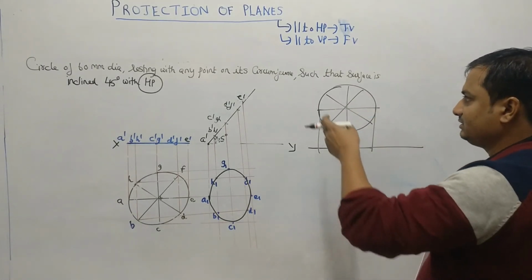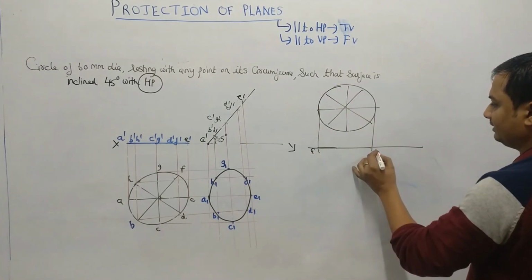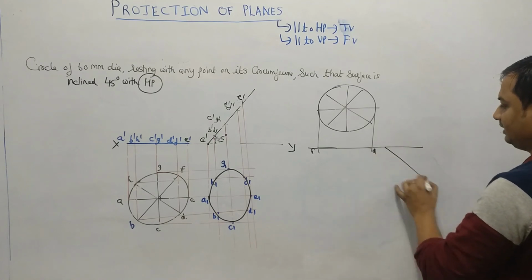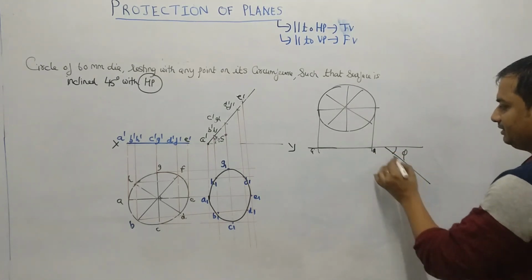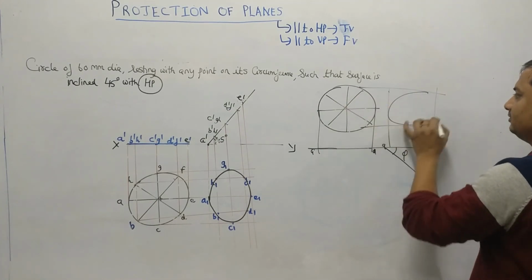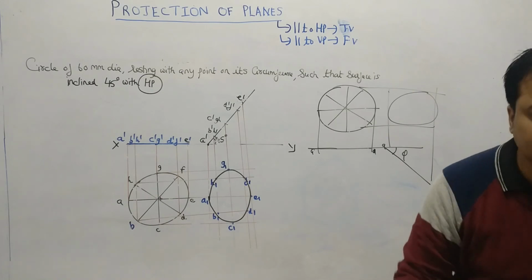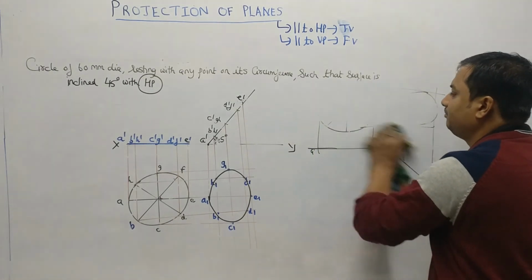Then if the surface is inclined with the VP, and this is A and the last is D, the inclination phi with VP will be here, and finally you will be getting the ellipse here. So in a similar manner you can solve the problems of the vertical plane also.